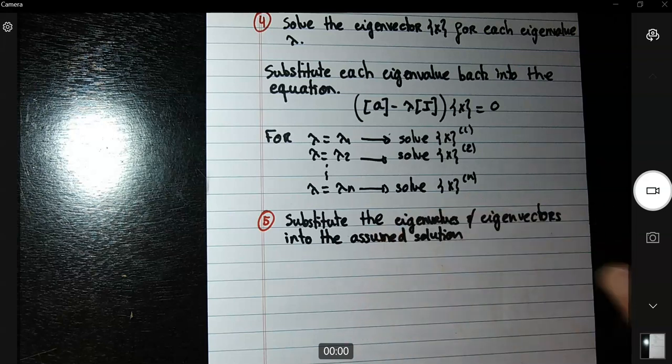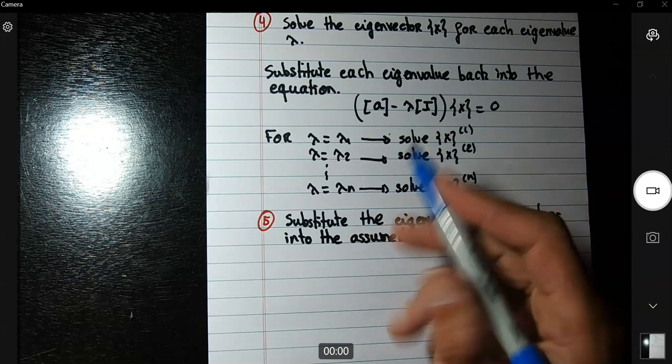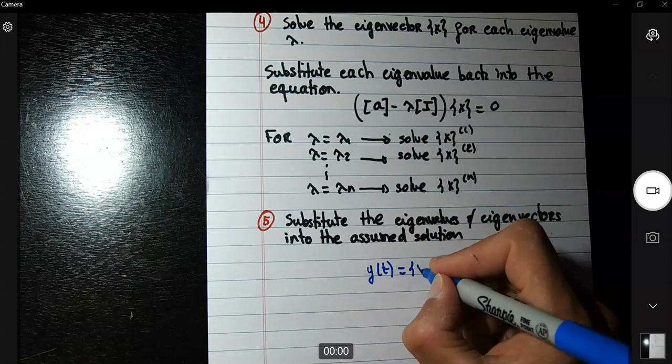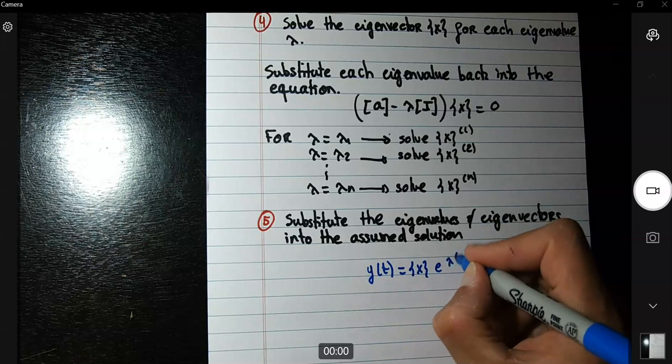Okay, so remember the expression for the assumed solution is y of t equal to x e to the lambda t.